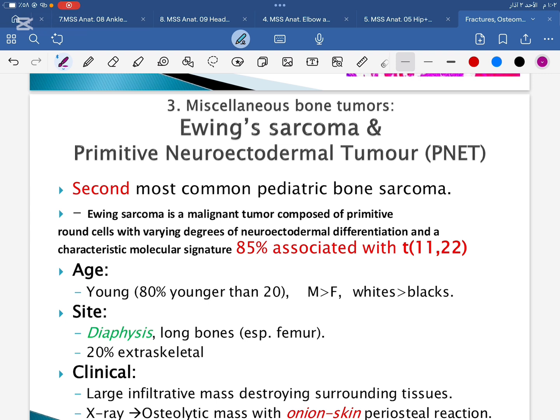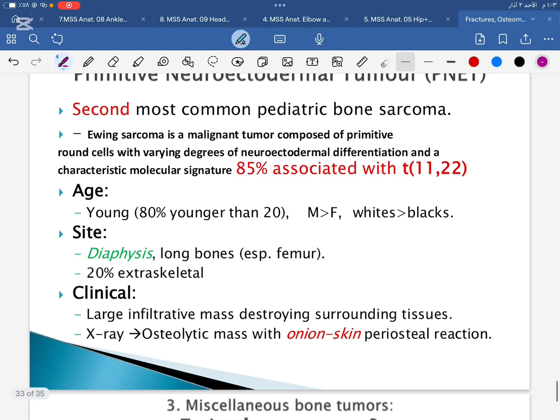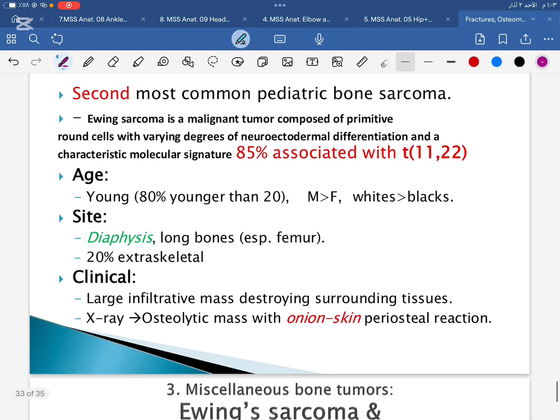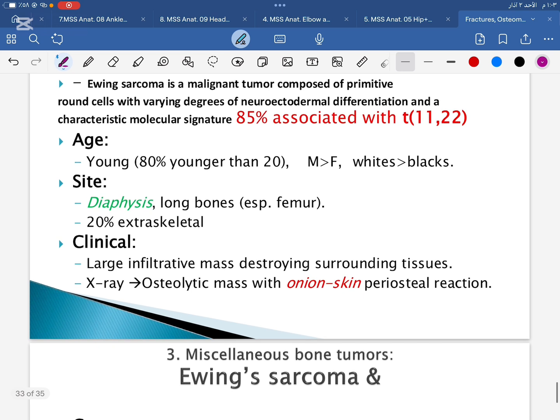It has a characteristic molecular signature اللي هو translocation 11;22 with EWS gene. About 85% associated with this translocation. It affects younger age group, adolescents less than 20 years. Site of Ewing sarcoma هو diaphysis of long bones, especially اللي هي femur.